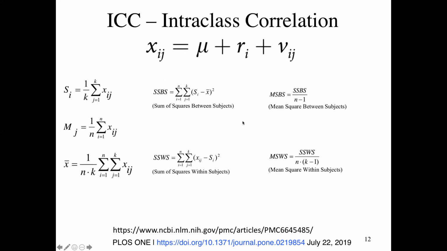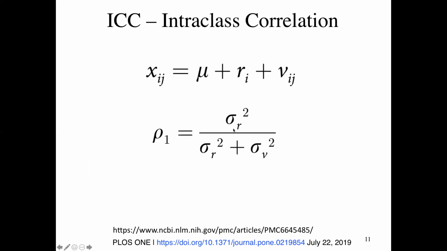So how do you calculate it? As we saw, we don't have these values from the table. We have the XIJs. So how do we calculate these from those is the question. And the rest of this paper is about how you do that, how you get to this formula from these values.